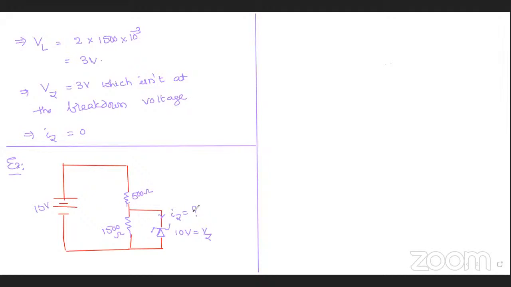Yes. Got the answer, Nana? Sir, 0.004 ampere. 0.004 ampere, 4 milliampere. That option is not there, Nana. Are you correct?